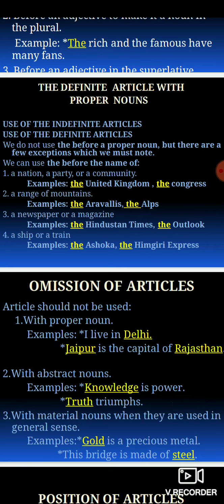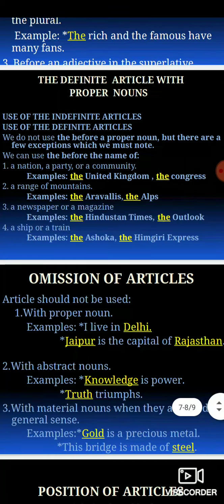We do not use the before a proper noun, but there are a few exceptions which we must note. We can use the before the name of a nation, a party, or a community. Commonly we don't use the before a proper noun.